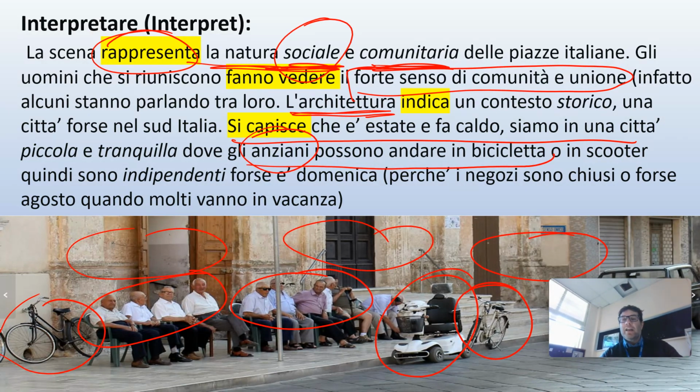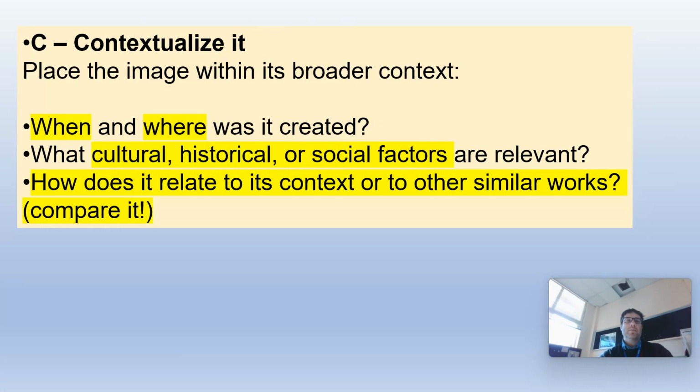It's a sign that they are independent, that they go out, quindi gli anziani hanno una vita sociale molto attiva, quindi fanno esercizio, vanno con la bicicletta, and we also see them to be in a pretty good shape, a nice tan in their face, which is obviously a really good sign of health. So it's certainly a lifestyle which is very healthy. Salutare or sano, okay? Lo stile di vita. That's certainly part of the interpretation of this image.